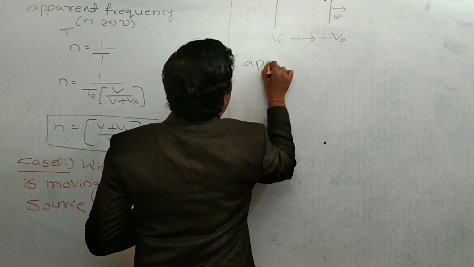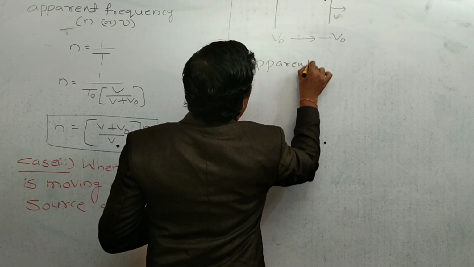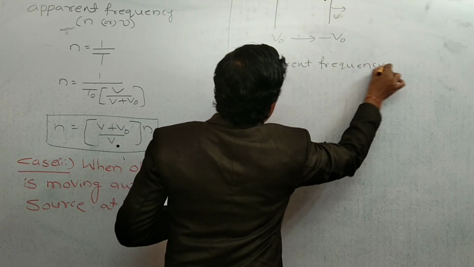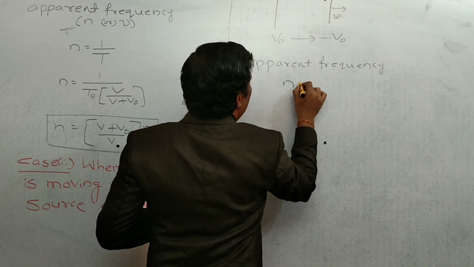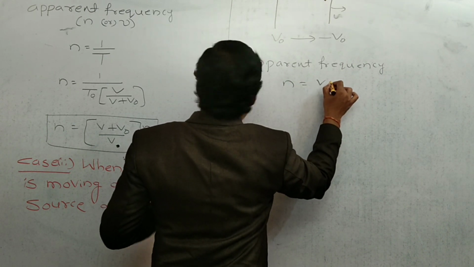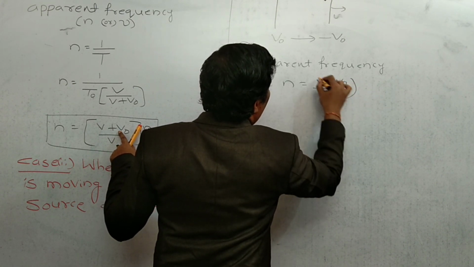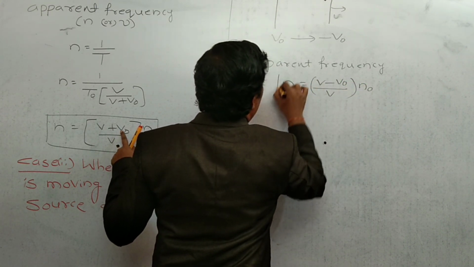So v naught is replaced by minus v naught. Apparent frequency n equals (v minus v naught) by v into n naught.